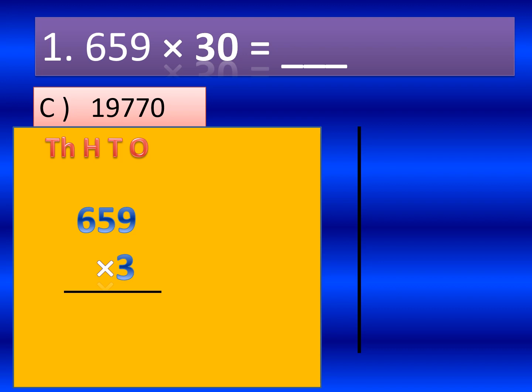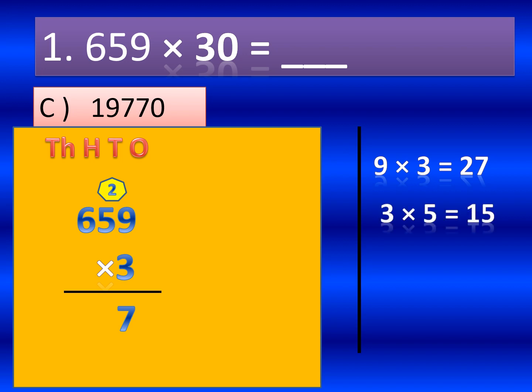Let's start the multiplication. 3 nines are 27. From this, the ones place 7 is to be written in ones place. The remaining 2 is to be written as a carryover in tens place. Now, 3 fives are 15. This 15 is to be added with the carryover 2, so 17.